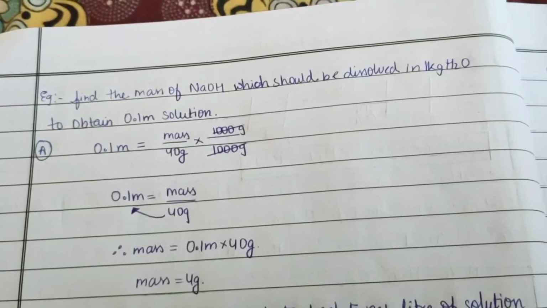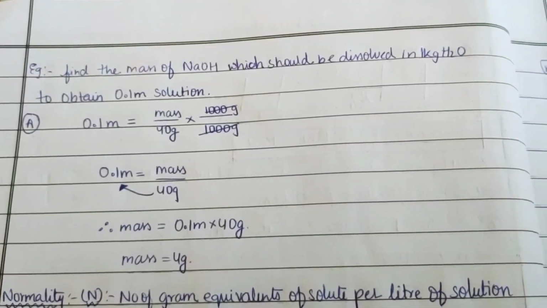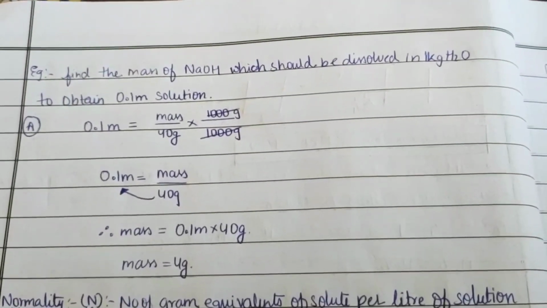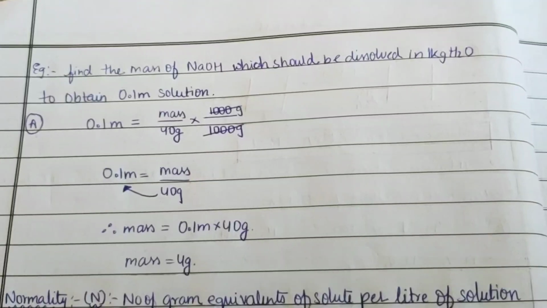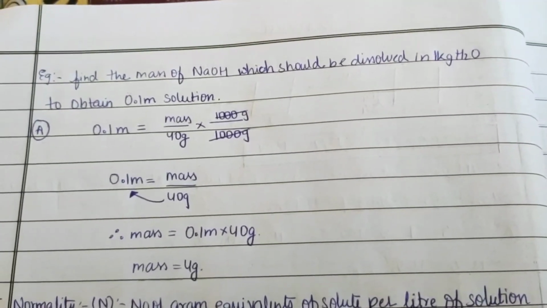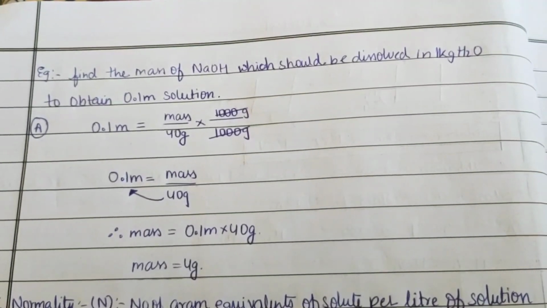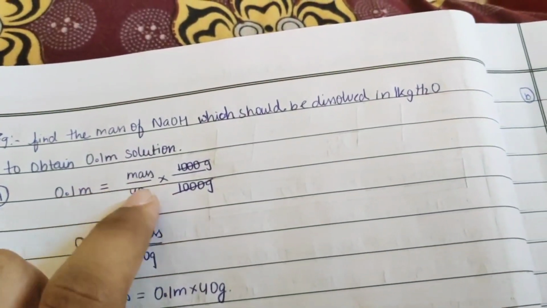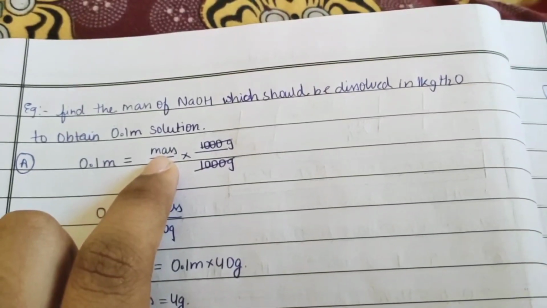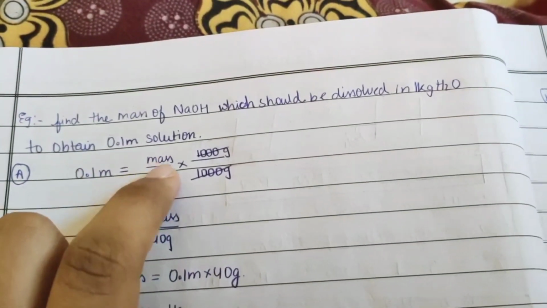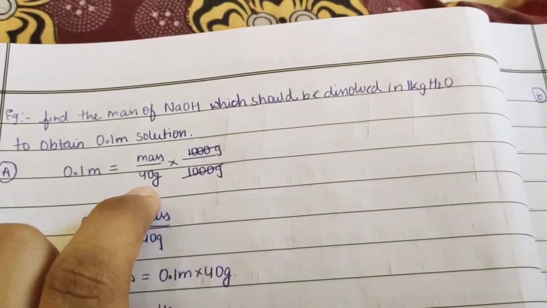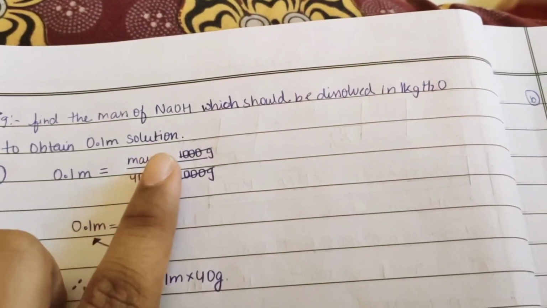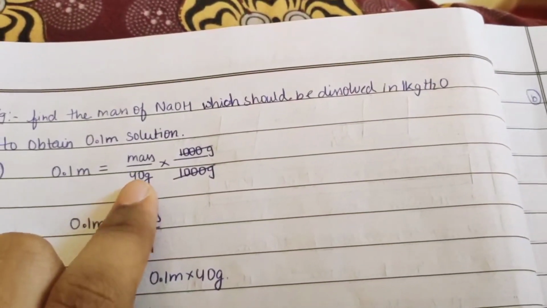Let us discuss an example problem. Find the mass of NaOH which should be dissolved in 1 kg H2O to obtain 0.1 m solution. Here they have given molality, that is 0.1. So m = 0.1 = mass by molecular weight, we have to find the mass. We already know NaOH is 40 gram.